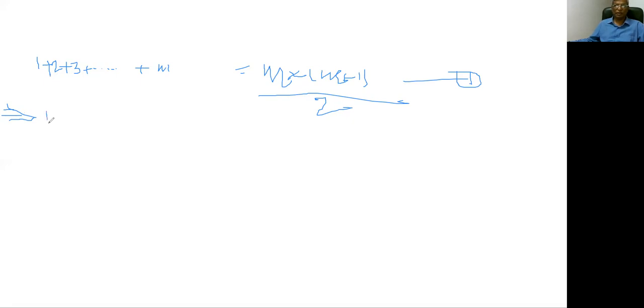This gives 1 plus 2 plus 3 plus dot dot m plus (m plus 1).